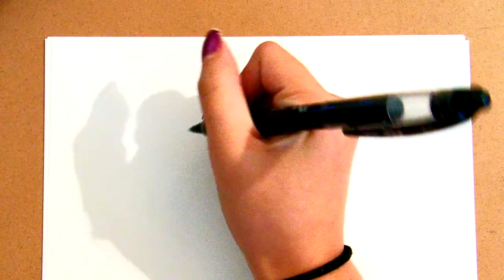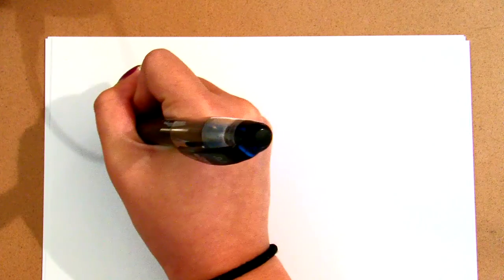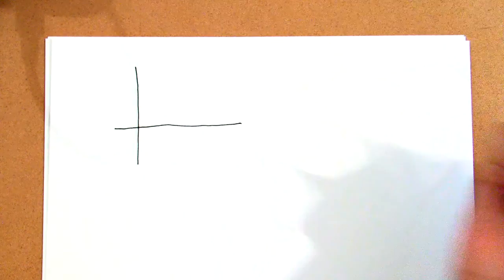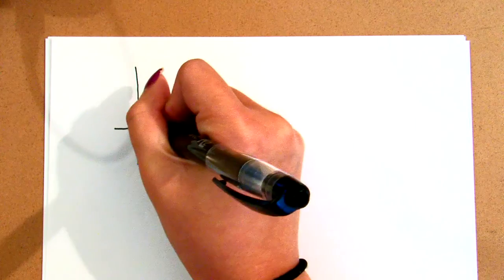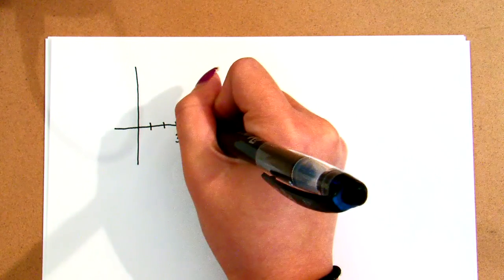So we're going to start by drawing the picture, which looks like this. It's a graph, since it's bound on the x and the y axis. This will be in your homework, this will be in the book.